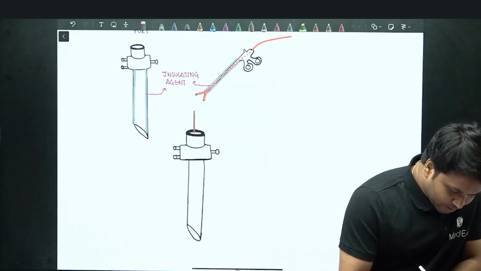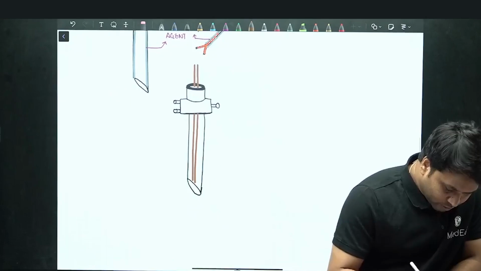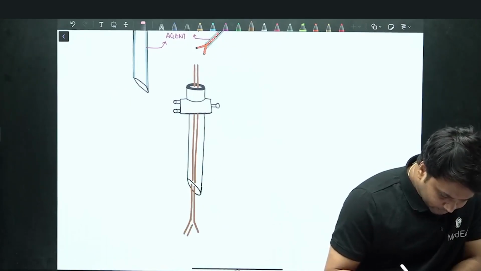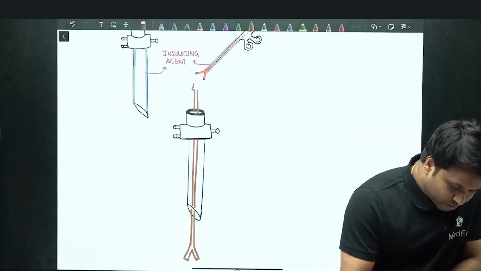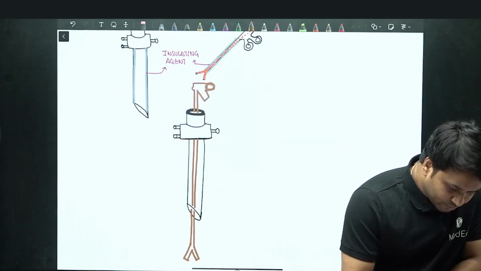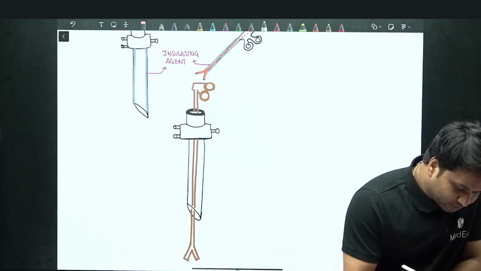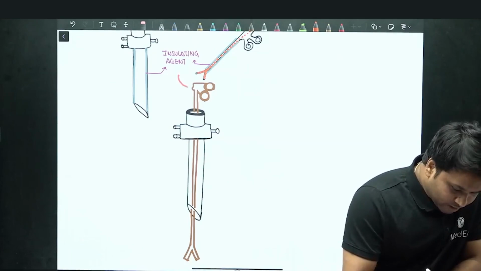I have inserted my instrument going through the port, and I'm working, right? So this is the instrument which we are controlling from outside, and the electrical component is attached to it.